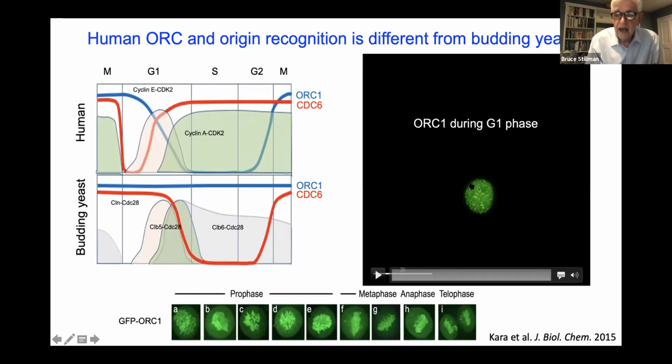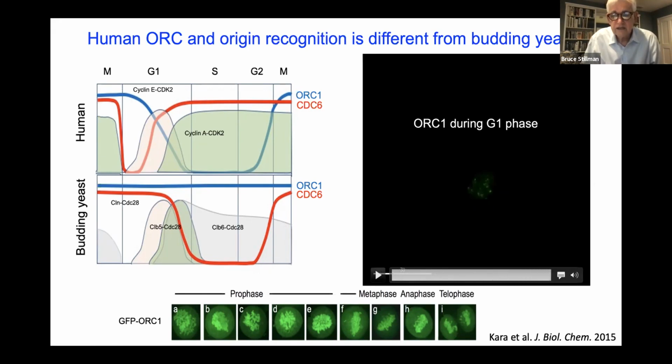G1, and then this is a movie of this cell going through G1. And you see what happens to ORC1. It starts to form a pattern that then gradually disappears. And by the time that this movie is over, the cell is about to enter into S phase.